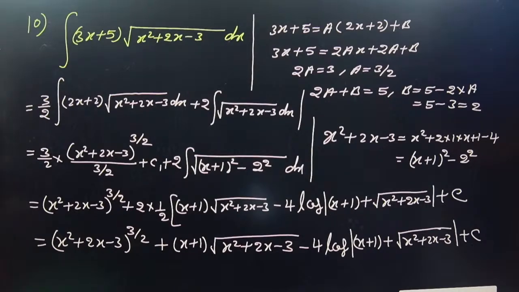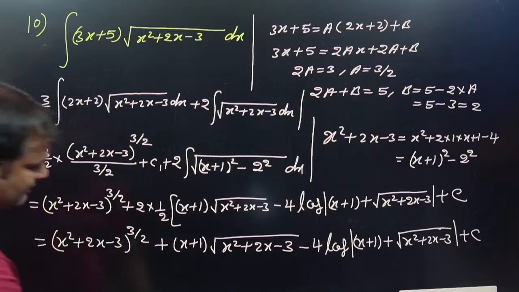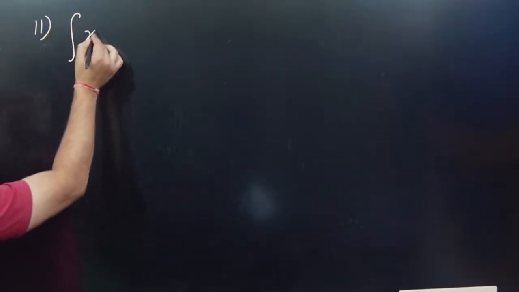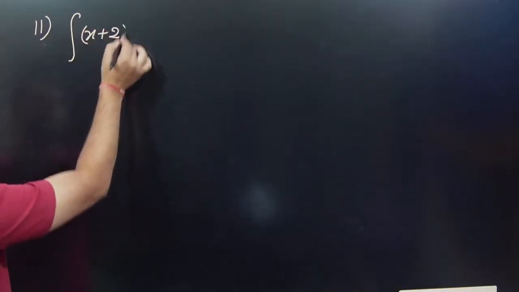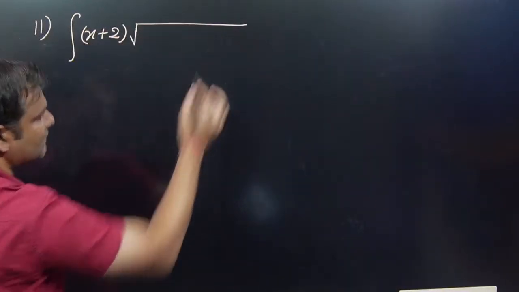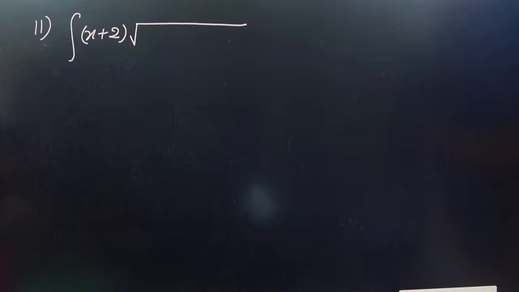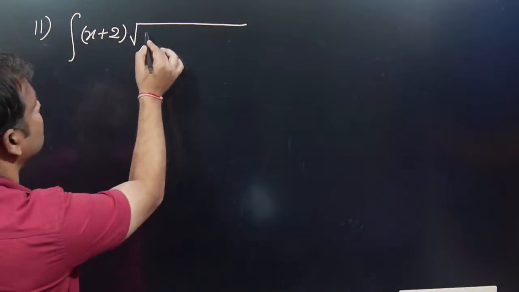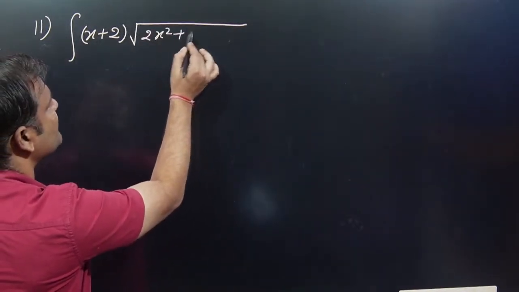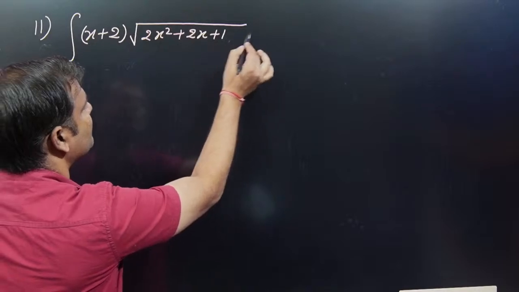Now after that we focus on the next problem, question number 10, after that 11. Question number 11, integration of x plus 2 into under root of 2x square plus 2x plus 1 into dx.